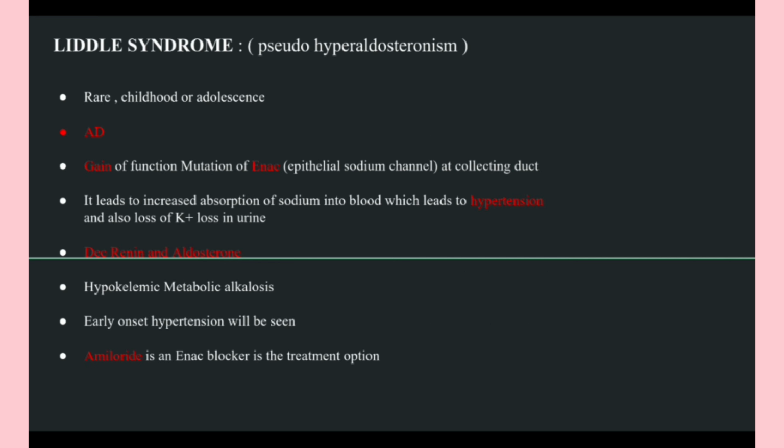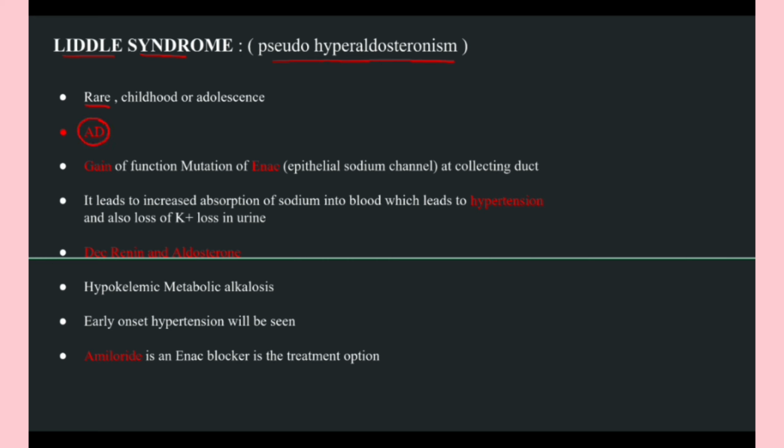And there comes another disease called Liddle syndrome. Liddle syndrome is also called pseudohyperaldosteronism. Liddle syndrome is a little bit different from the previous two diseases. It is also a rare disorder, but it is autosomal dominant. Bartter and Gitelman are autosomal recessive inheritance.